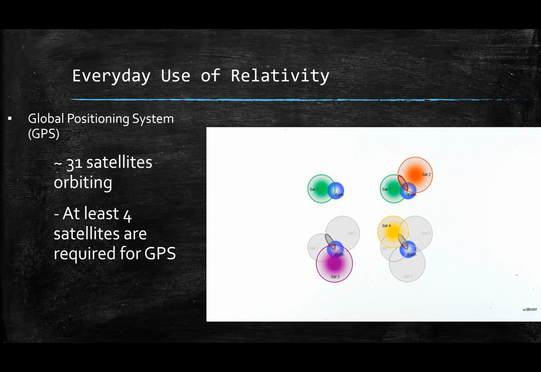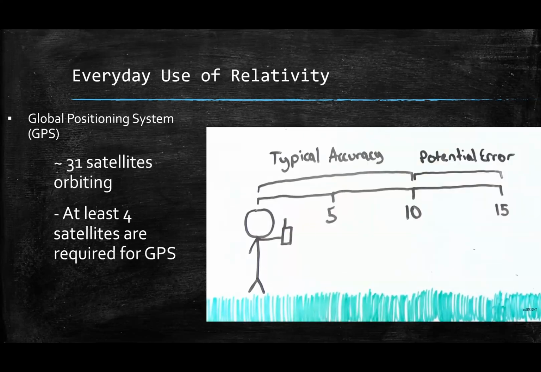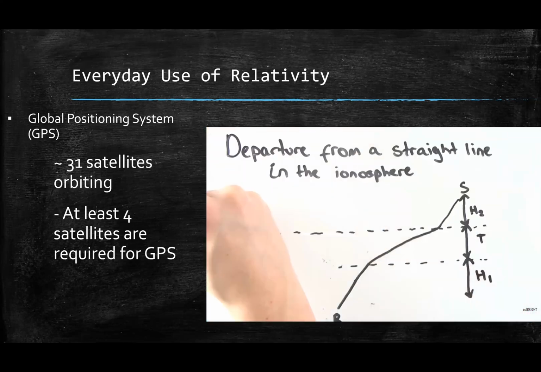By calculating the time differences between these satellites, we move from having no idea where we are to being able to pinpoint where we are, typically down to 5 to 10 meters on average, with the potential error being around 15 meters. There are a lot of factors which escalate the potential error, but the most significant is due to the ionosphere, a part of the upper atmosphere extending from 60 kilometers to 2,000 kilometers, where free electrons occur frequently enough to have an appreciable influence on the propagation of electromagnetic waves passing through this layer.